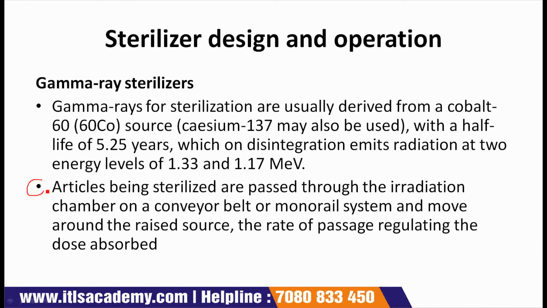Next point. Articles being sterilized are passed through the irradiation chamber on a conveyor belt or monorail system and move around the raised source. The rate of pass regulates the dose absorbed.